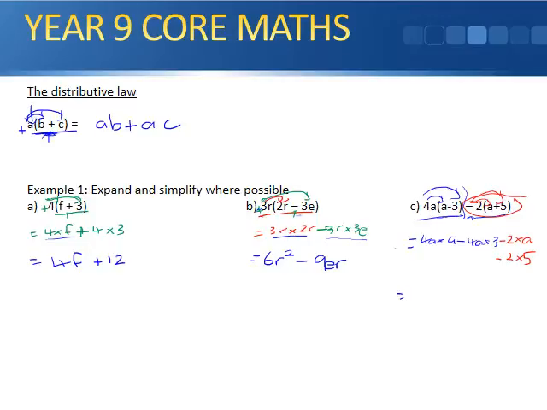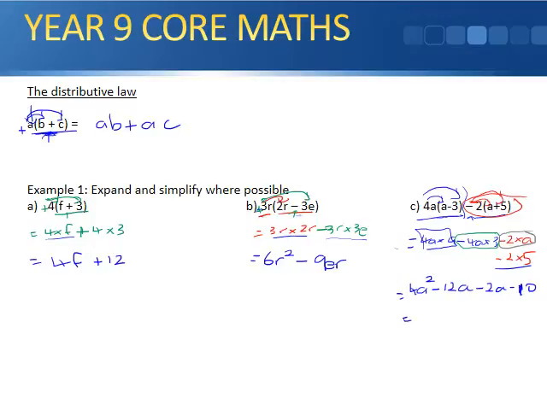So this first one, 4A times A, is 4A squared. This next one, we've got a minus, and 4A times 3, so 4 3s are 12, and there's an A. Then we've got to do this one, and that is 2 times A is 2A, so minus 2A, and the last one is minus 2 times 5 is minus 10.